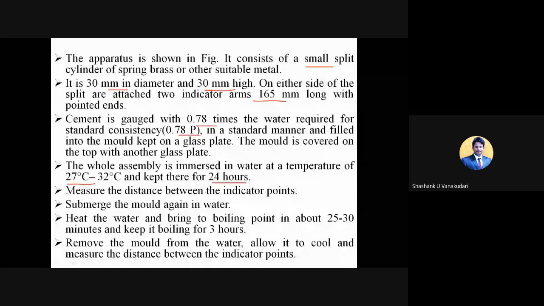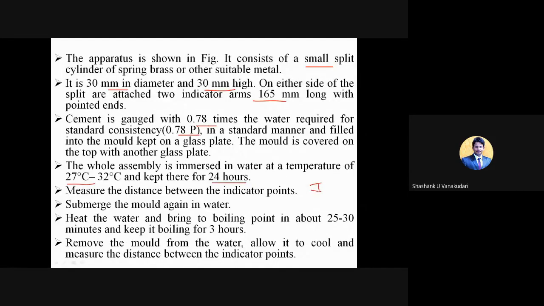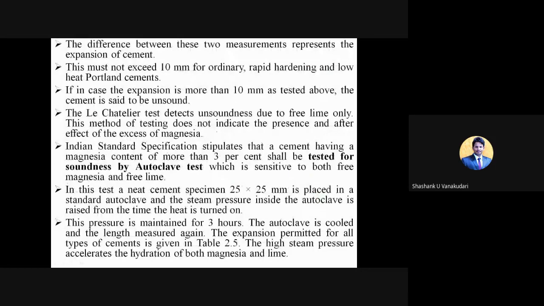First we measure the distance between the indicators and note it down. After that we place it in water after the boiling process, at around 45 degrees Celsius to 50 degrees Celsius for about 3 hours, and note down the indicator distance again to see how much it changes. It should not be more than 10 mm compared to this. So this is how we conduct the test.